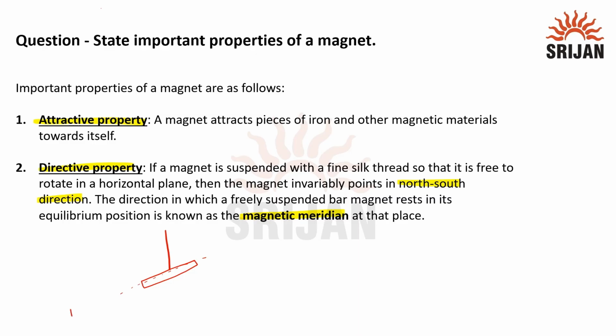Suppose this is north direction and this is south direction. Also, this axis along which the magnet will align itself is called the magnetic meridian. This axis is magnetic meridian.